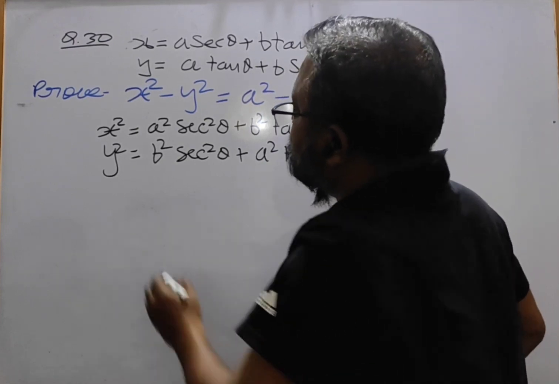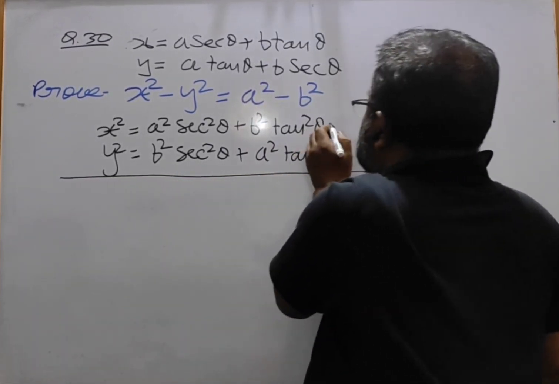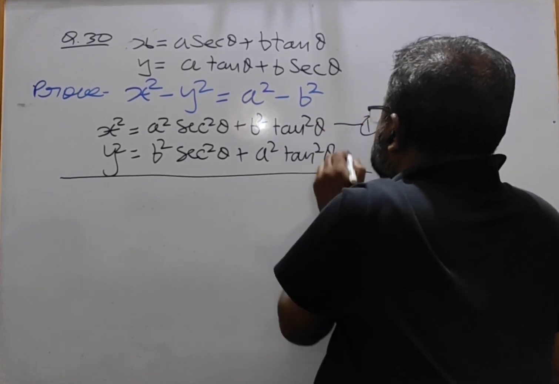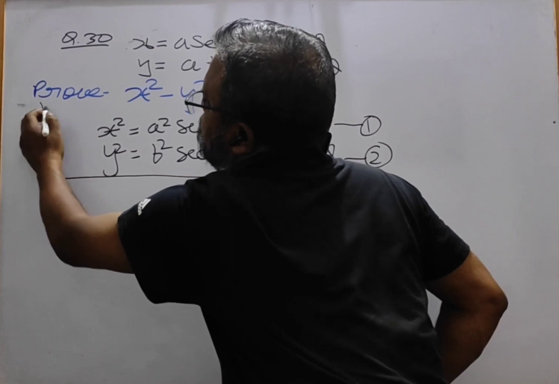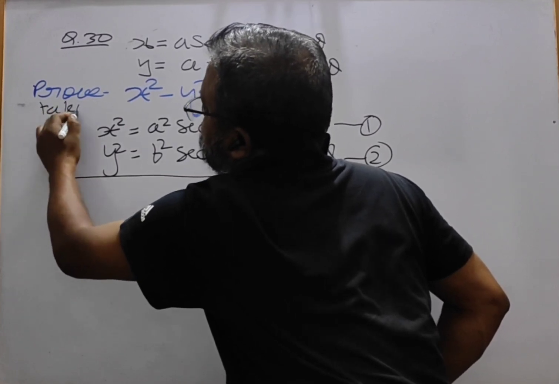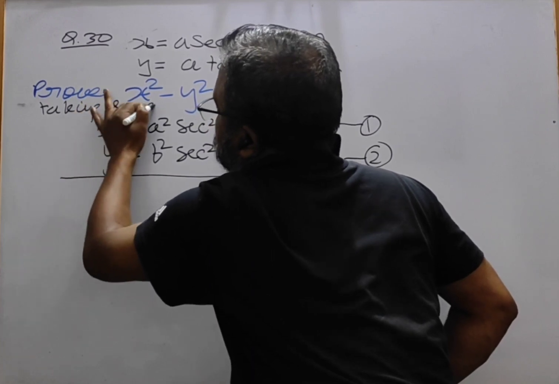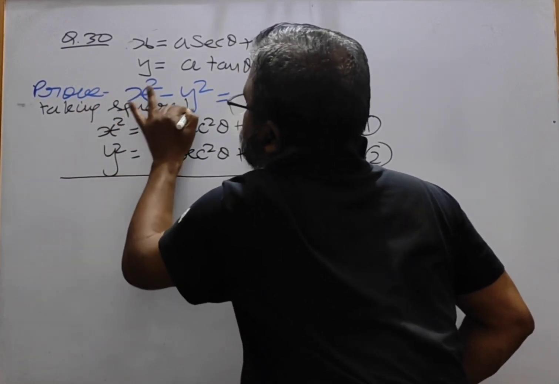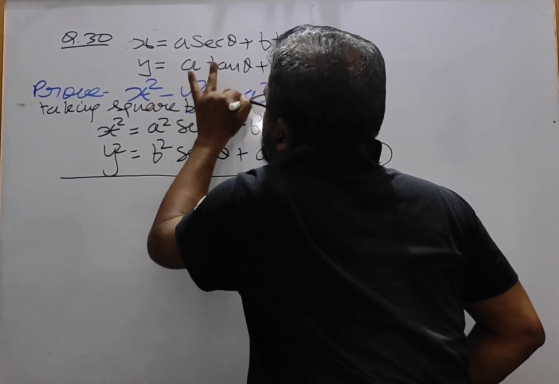Get it? Now this is equation 1, this is equation 2, this is taking square both sides.